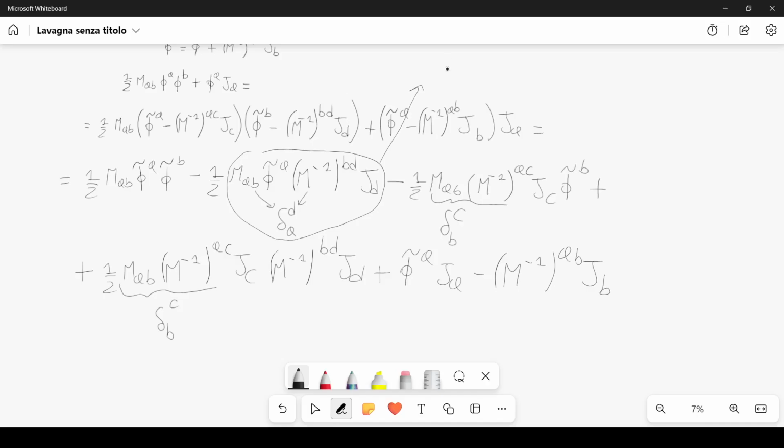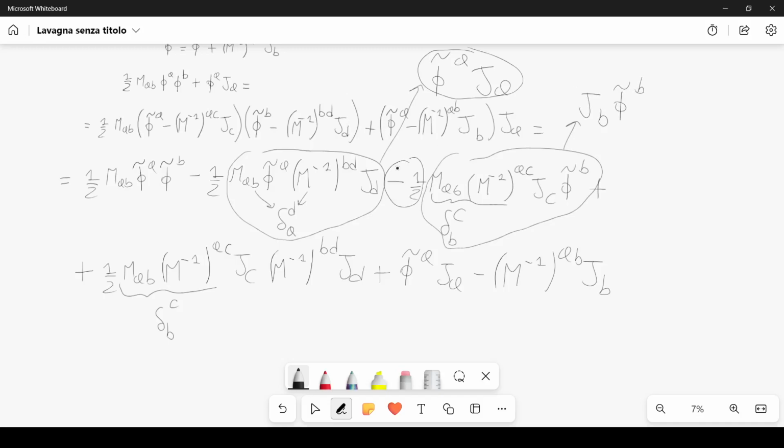So we can rewrite that, of course, as phi tilde_A J_A. So we have to sum like this. And for example, this one here will be J_B phi tilde_B. So it's exactly equal to that.